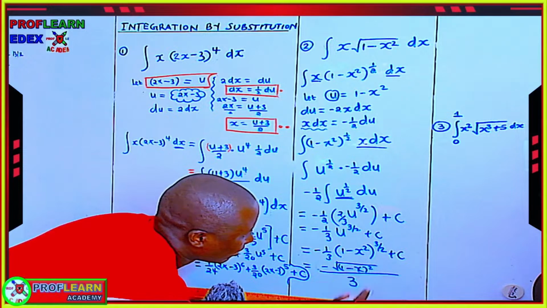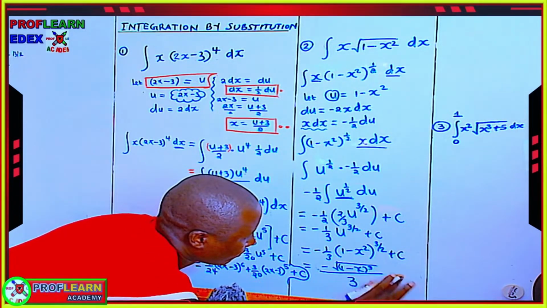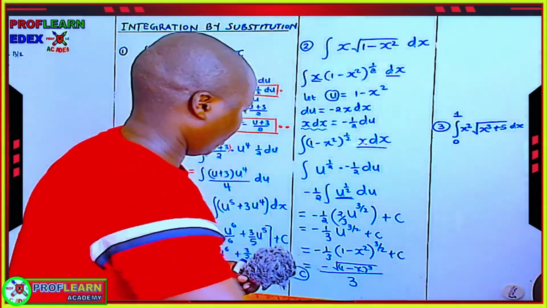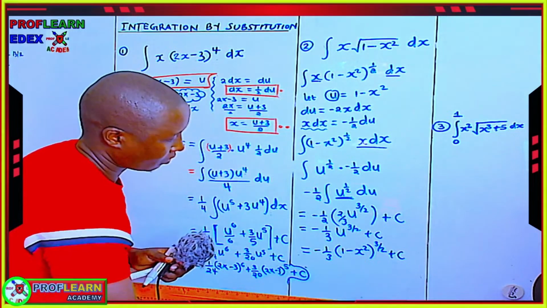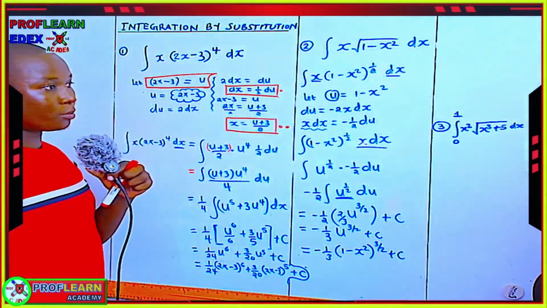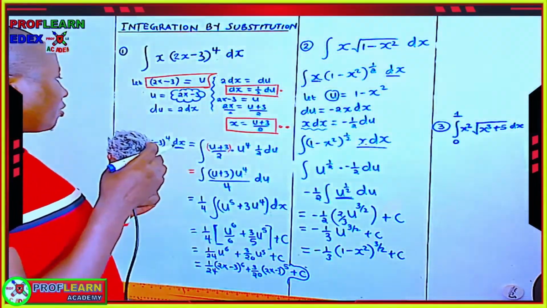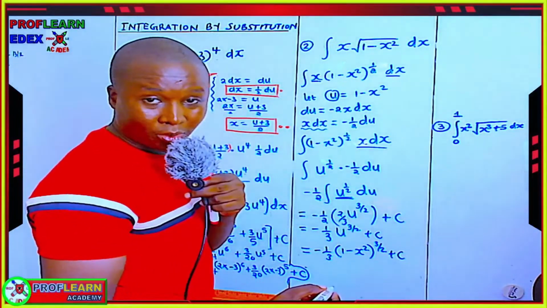If we work this out, we are going to get our answer. Let's put this straight in the calculator. The answer, correct to four decimal places, is 0.7815.